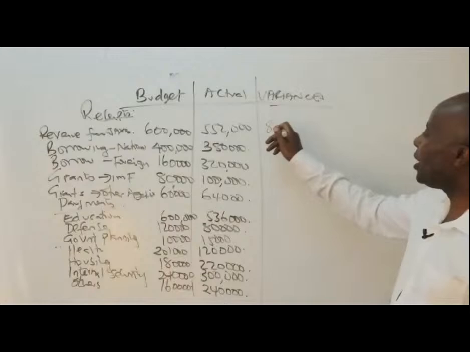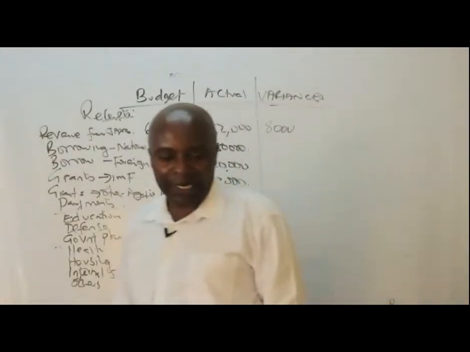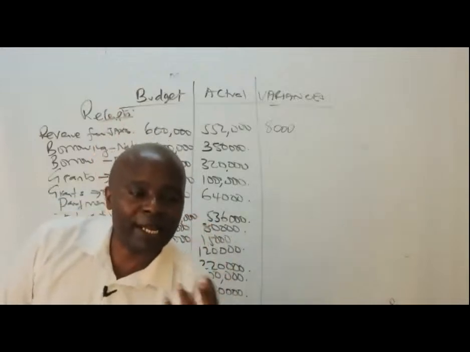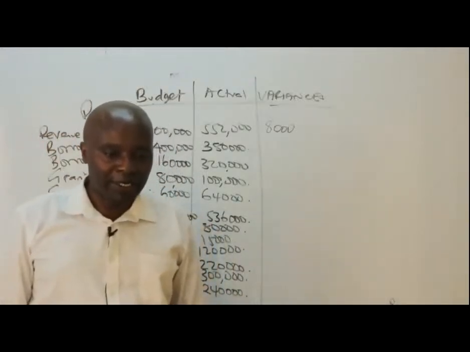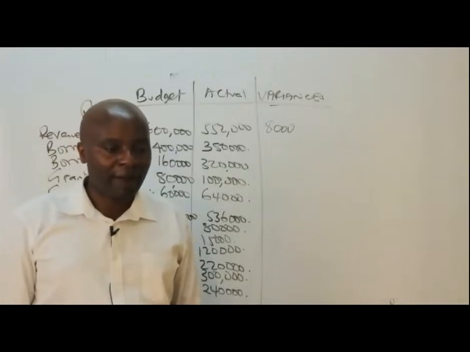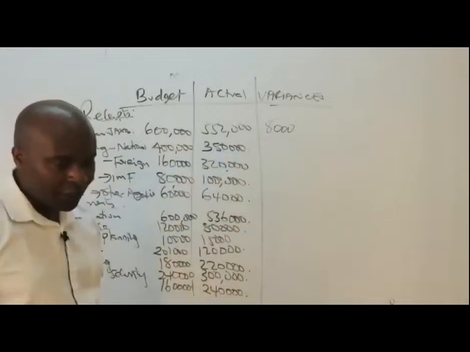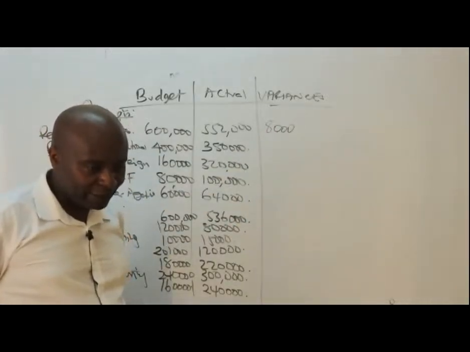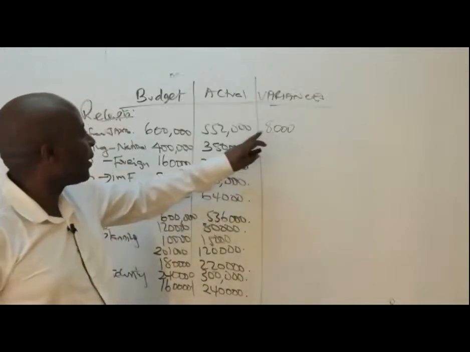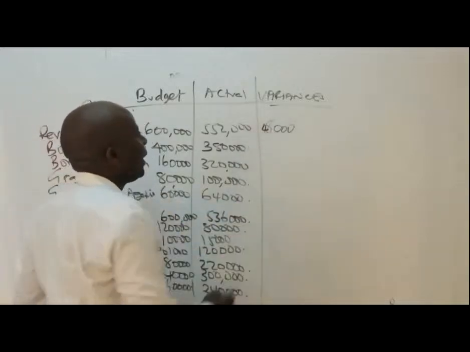This 8,000, is it adverse or favorable? Is it a good variance or a bad variance? No, 48,000. 48,000.